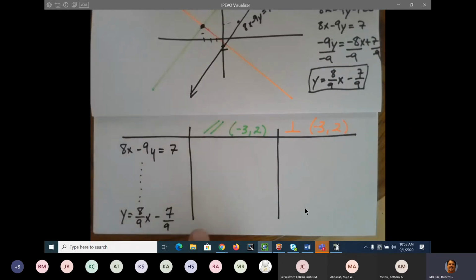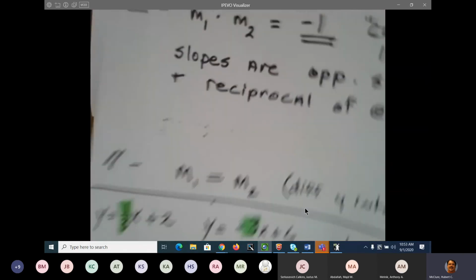So down here, what's my M supposed to be compared to this M for a parallel line? Right now, I'm pulling the paper that I showed y'all 5 minutes ago.